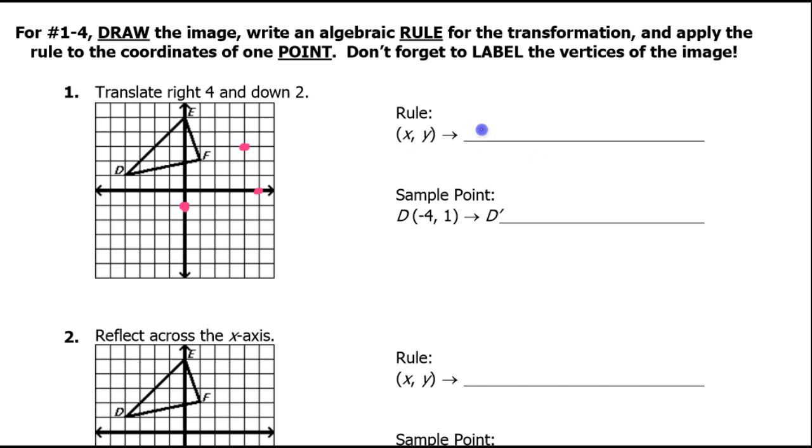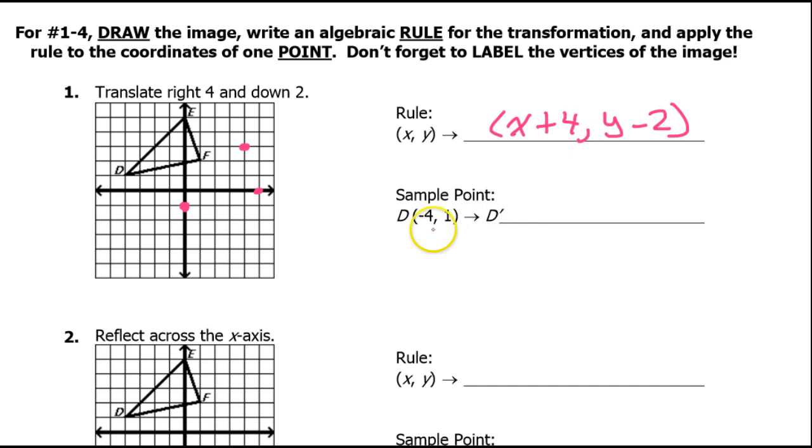However, sometimes you might find it easier to use the rule. So if I want to go right 4 and down 2, that would be x plus 4 and y minus 2. Right 4, down 2. So notice that the coordinates of point D are negative 4, 1.